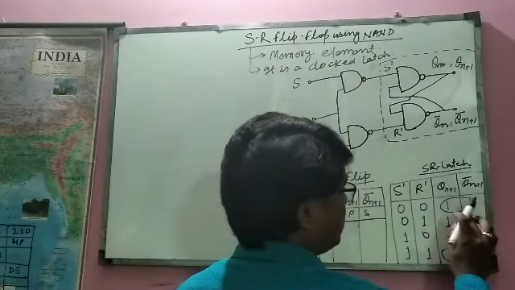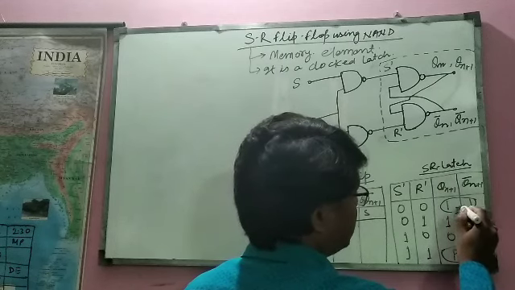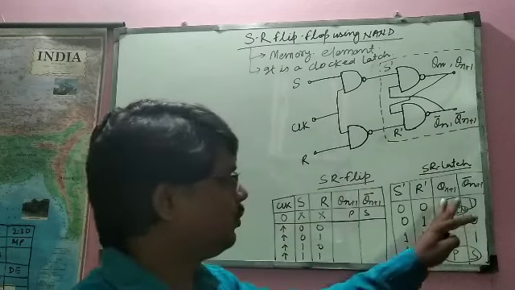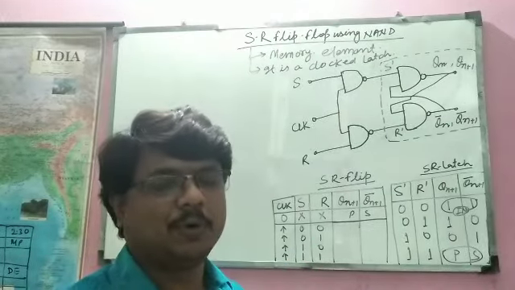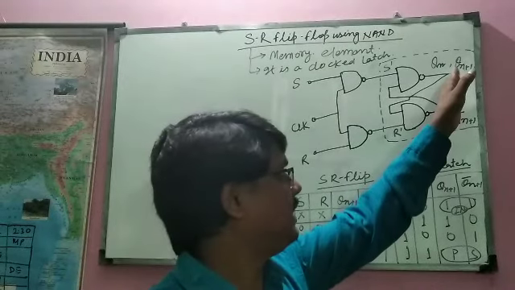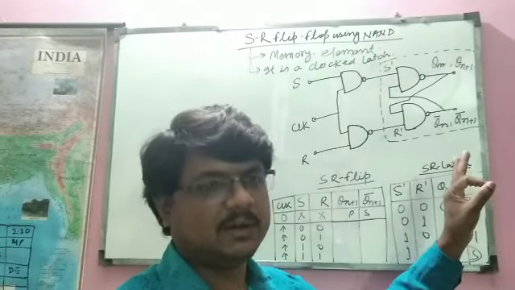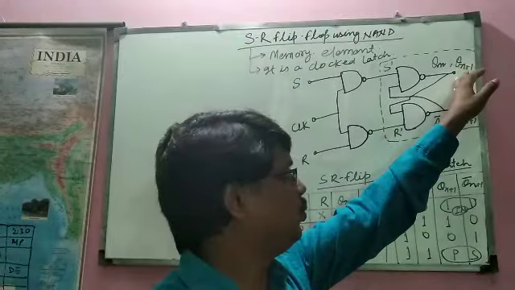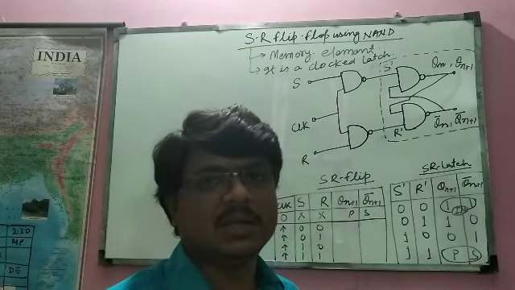Both outputs of a latch or flip flop should not be the same. If Q and Q bar are both 0, that is invalid. If Q and Q bar are both 1, again it is invalid.